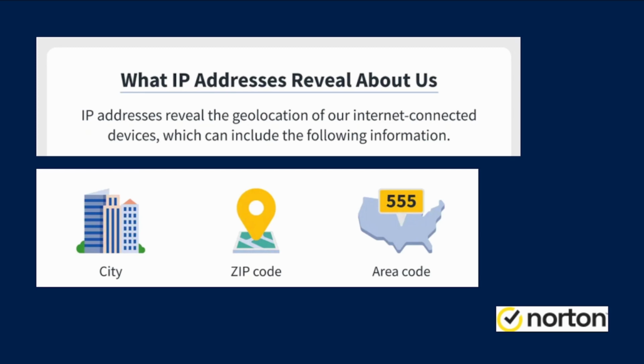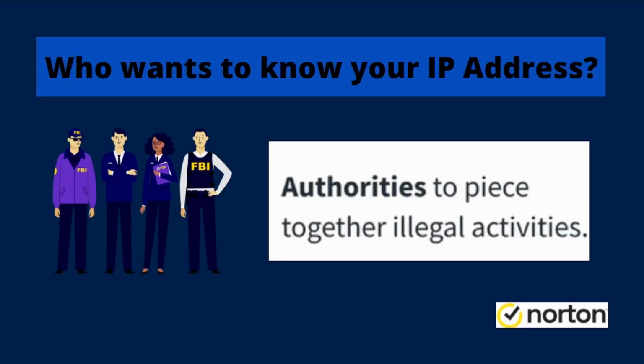Moving on, what can we learn from an IP address on the web? IP addresses can reveal details such as the city, zip code, and area code where the device is operating from. Other than devices on the network, other entities can also track your device using the IP address.